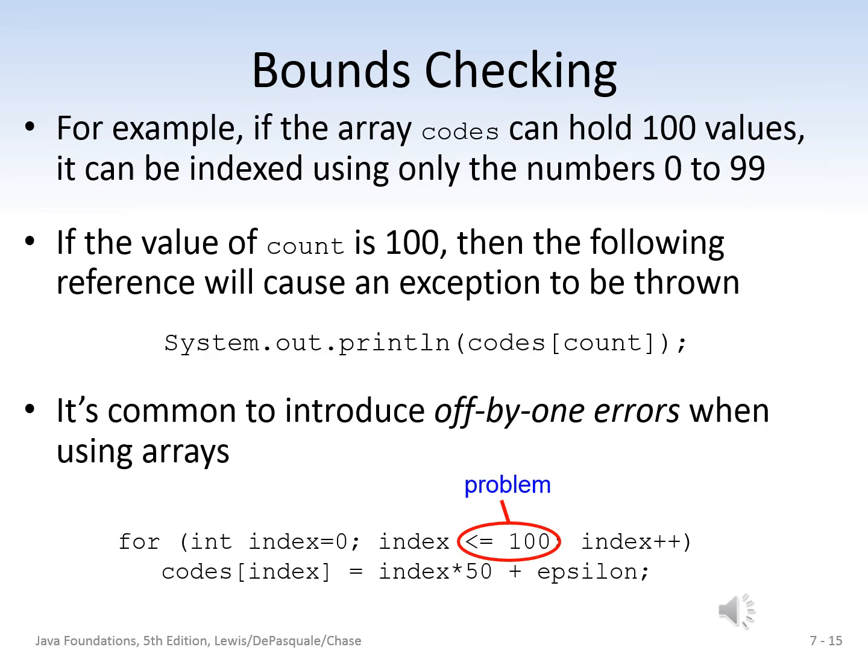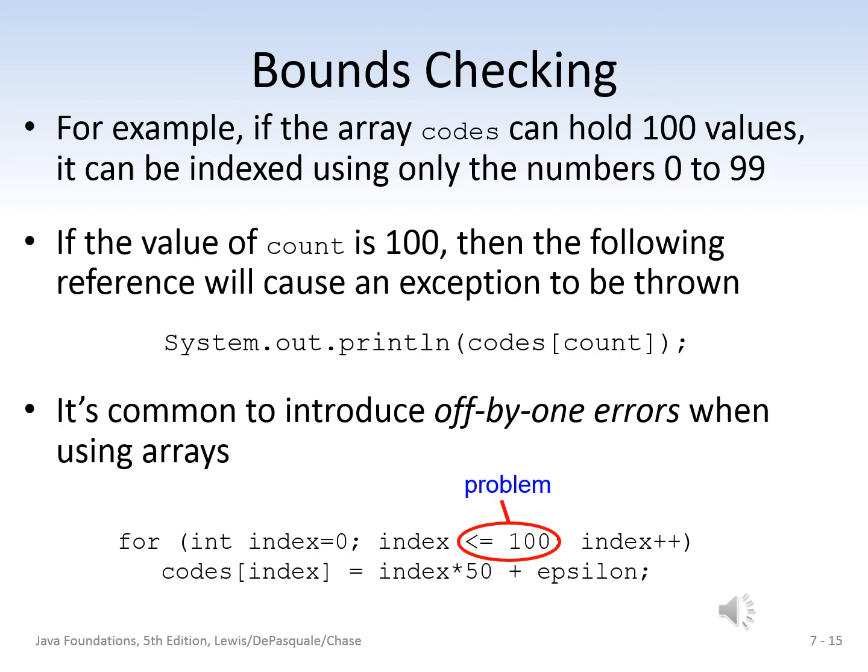This is total review and expands upon what I just described. Here's an example, an array named codes that holds 100 values. Its elements can only be referenced using indexes 0 to 99. But it's very common to have an out of bounds error that is off by 1.